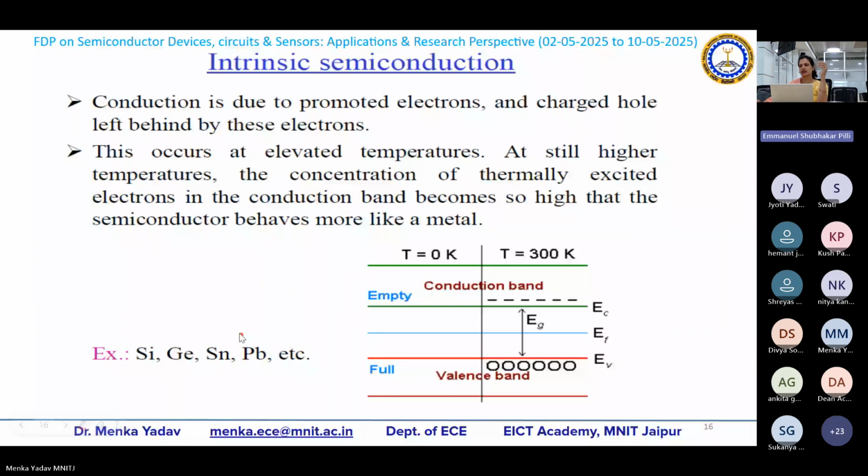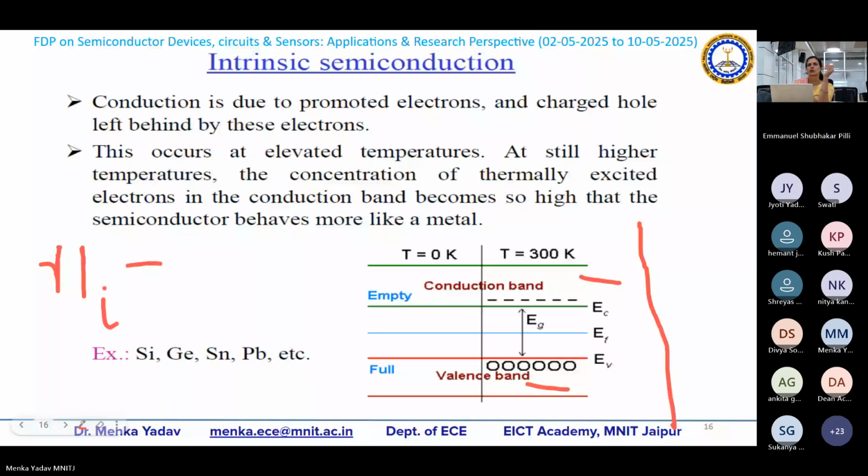Basically, this is the energy band diagram for a pure semiconductor, let's say pure silicon, or any semiconductor. Here there is the valence band and the conduction band. Silicon at room temperature, in fact every semiconductor at room temperature, is expected to have some intrinsic charge carriers. For silicon, the value at room temperature is 1.5 into 10 raised to power 10 carriers per centimeter cube.